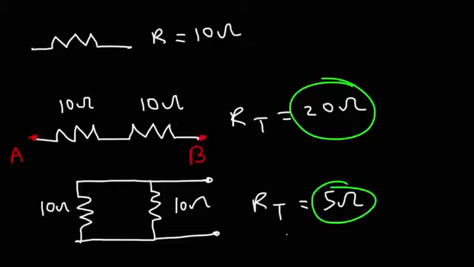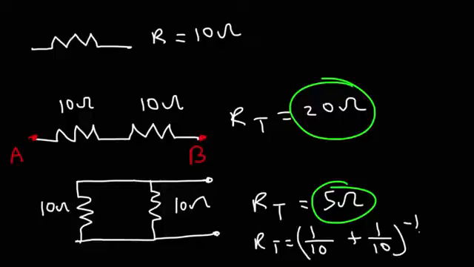Now for those of you who want to see the calculation, it's going to be 1 over R1, R1 is 10, plus 1 over R2, raised to the minus 1. So 1 over 10 plus 1 over 10 is 2 over 10. And when you raise something to the minus 1 power, you basically need to flip the fraction.